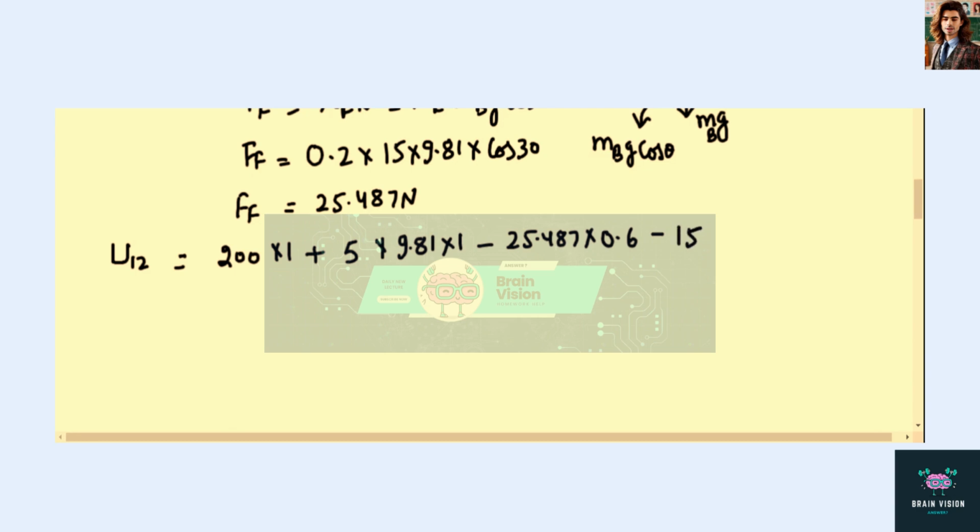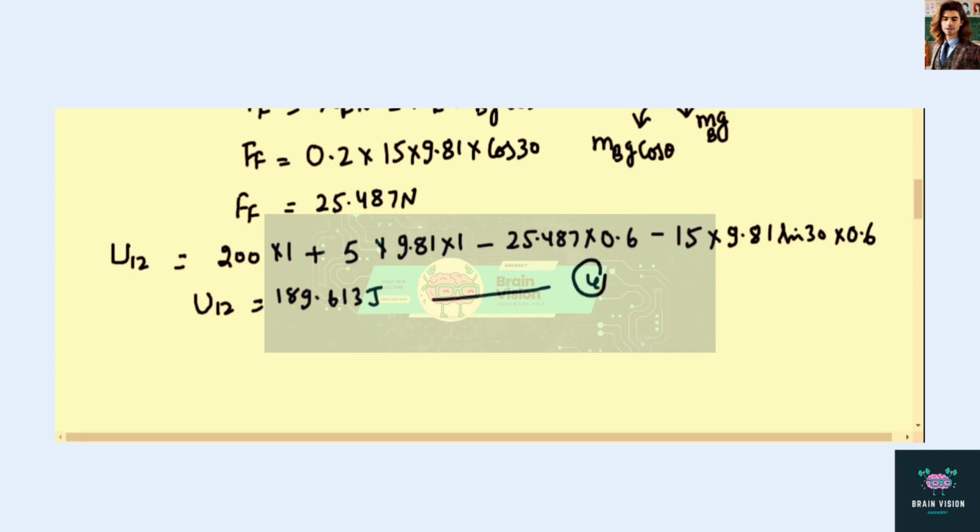Mass is 15 kg. G is 9.81. Sin of 30 into distance moved is 0.6. So on solving it, work done will be 189.613 joule.